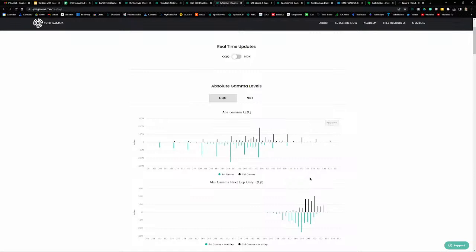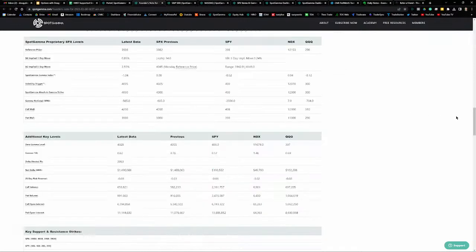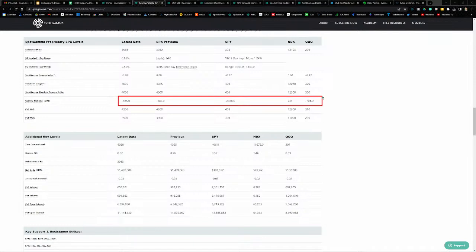All right, let's take a look at data now. I always like to take a look at gamma notional, and kudos to the guys in Discord for noticing this morning. JLA, Carmo Trades, JEC, having a discussion about this, noticing the sharp increase or decrease in gamma.